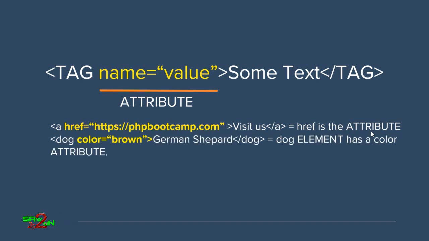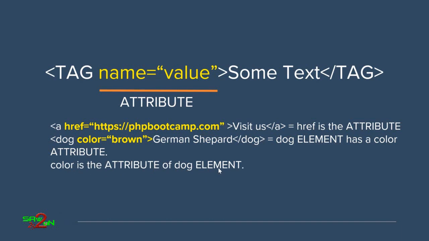Okay, take one more example. I'm just using dog as an example, but dog is not a tag in HTML. I'm just giving an example to understand the concept of an attribute. Say a dog element has something called a color attribute, the color value is brown, and the value of that dog is German Shepherd. How are you reading and understanding this? The dog element has a color attribute, and color is the attribute of the dog element.